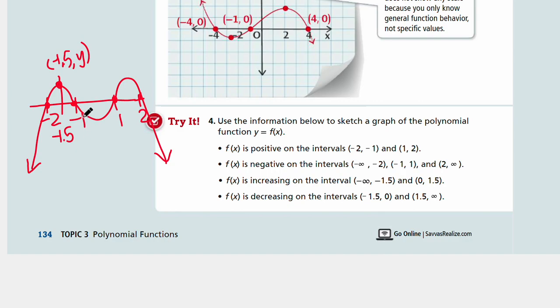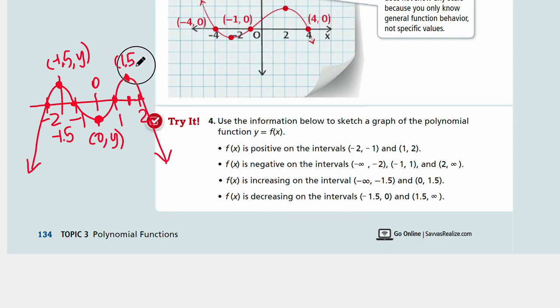We don't know y. And then another turning point, let's see, it's also increasing from 0. So this is going to be another turning point at 0 comma y. We don't know what y is, but this is another turning point. It keeps increasing until 1.5, and then it starts decreasing from 1.5.